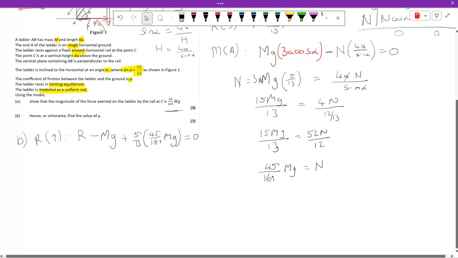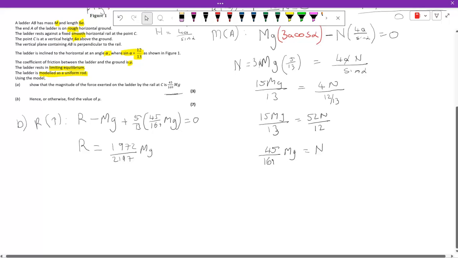From that I can find that R is equal to 1972 over 2197 mg.